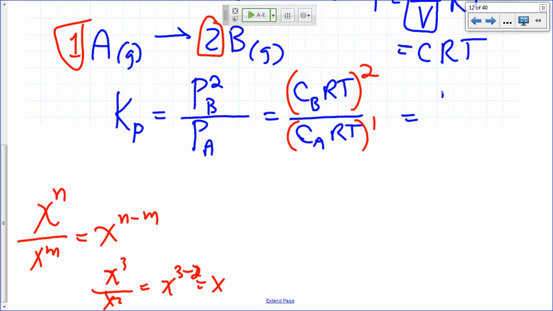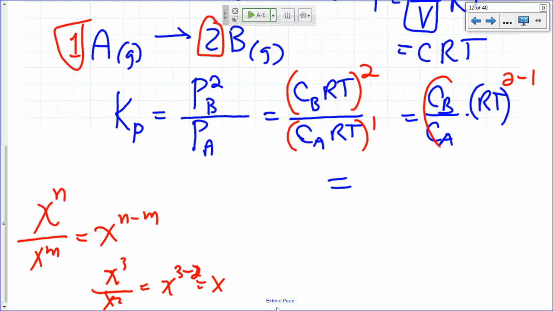I can say this is concentration of B over concentration of A times RT raised to the power 2 minus 1. Okay? Oh, this should be concentration of B squared. Sorry about that. So this is concentration of B squared over concentration of A. I'm just collecting all my RTs.